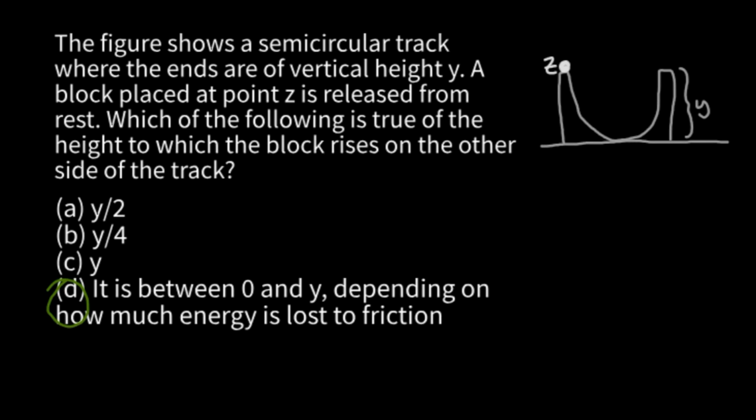You might have picked C because the lesson that this problem came from involved conservation of energy, and for energy to be conserved, the block would have to rise back up to point Y. However, if there's friction, then the potential energy lost by the ball would have been the work done by friction, and we've briefly mentioned work a few times.